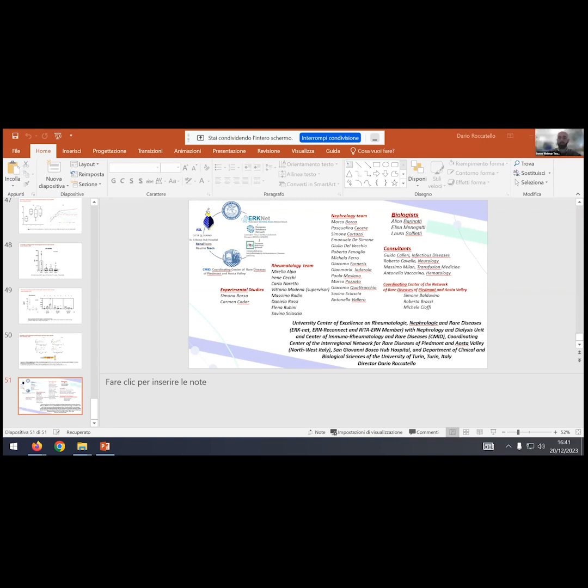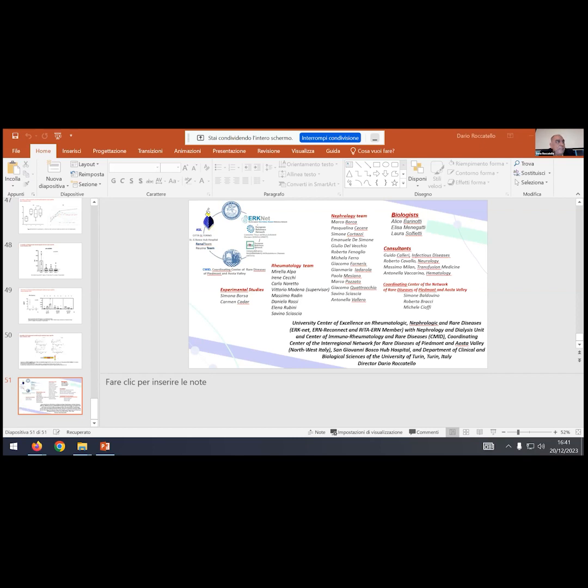Okay, thank you again. Another question on rituximab. Rituximab is chimeric, so what is the risk of anti-drug antibodies in SLE? The appearance of anti-rituximab antibodies does not necessarily mean that the drug becomes ineffective.